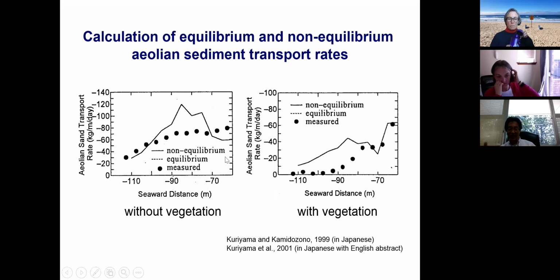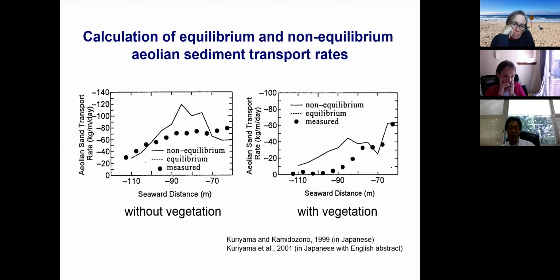The right axis shows the seaward limits of the investigation area. The solid circles show the measured aeolian sediment transport rates, and the non-equilibrium aeolian sediment transport rate is expressed by the solid line, and the equilibrium sediment transport rate is expressed by the dotted line.